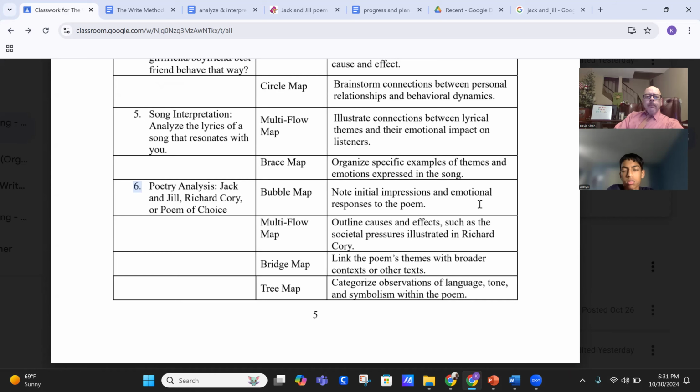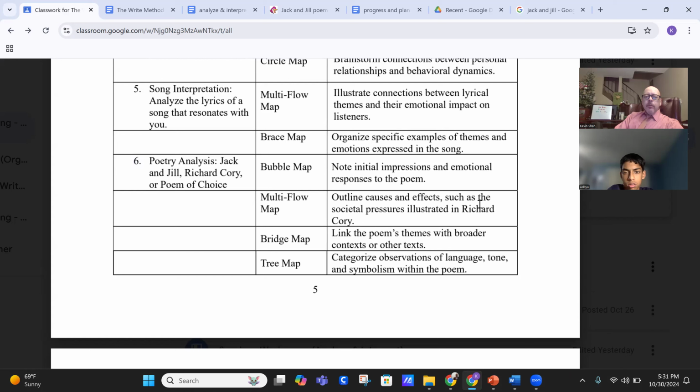Now, I apologize ahead of time because I haven't really taught you what a bridge map is. But a bridge map basically is an analogy. So if I say to my wife, what honey is to a bee, you are to me.